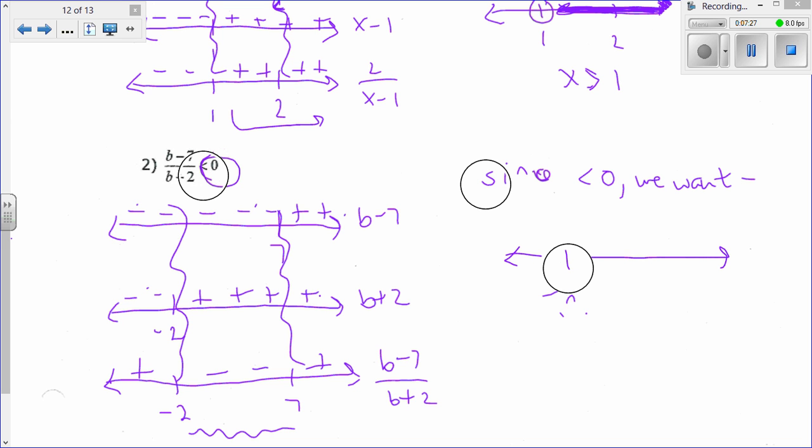I have negative 2 and 7, and I'm looking for my negative values, and my negative values are in between negative 2 and 7. And in this case, because it's just less than, I want open circles, and we're going to shade in between. So now I need to write it as a compound inequality. So it's negative 2 less than b less than 7.